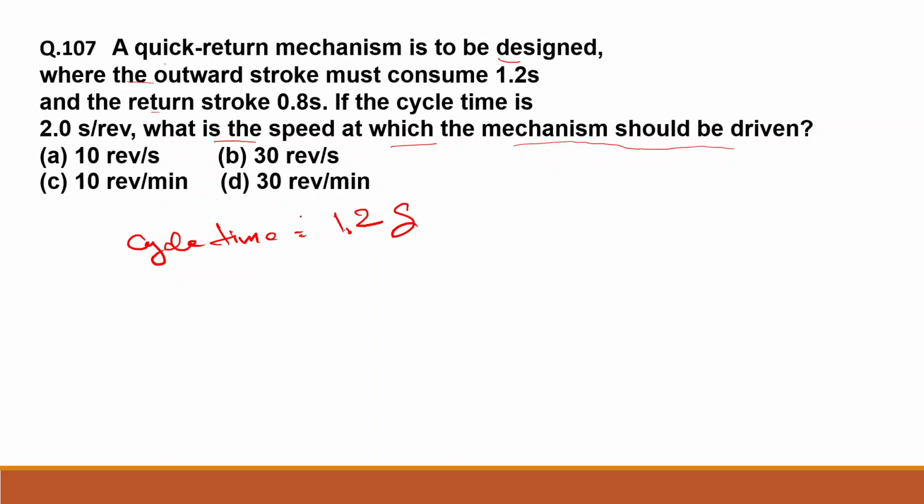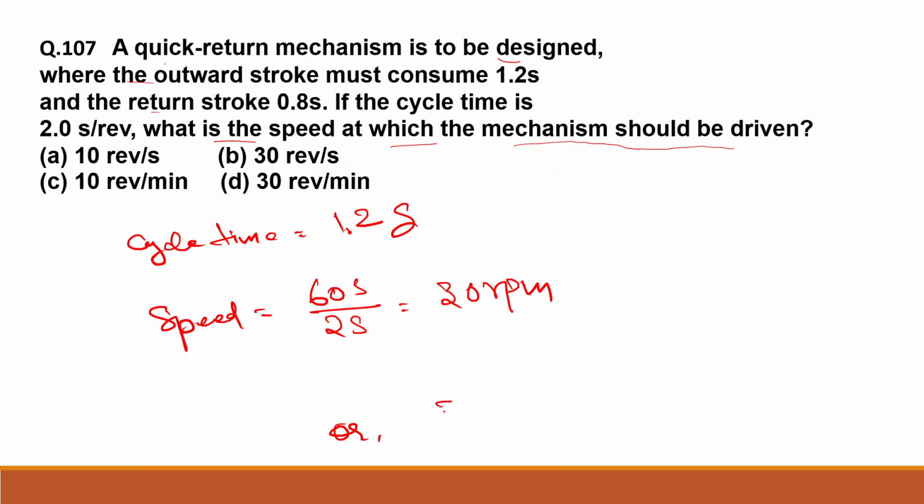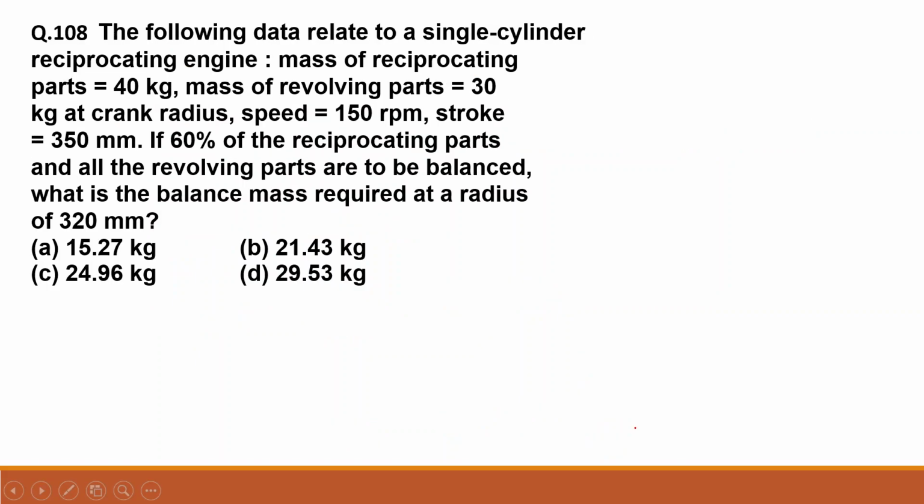After that, speed is equal to 60 seconds upon 2 seconds. By solving this, we get 30 rpm, or 30 revolutions per minute. Moving to the next question.